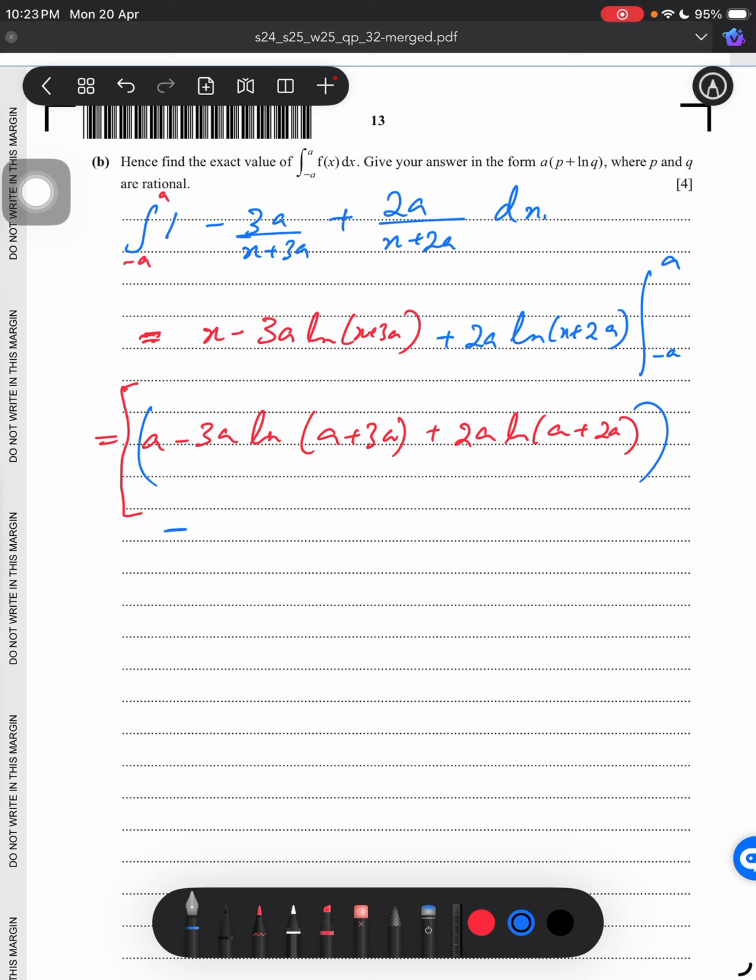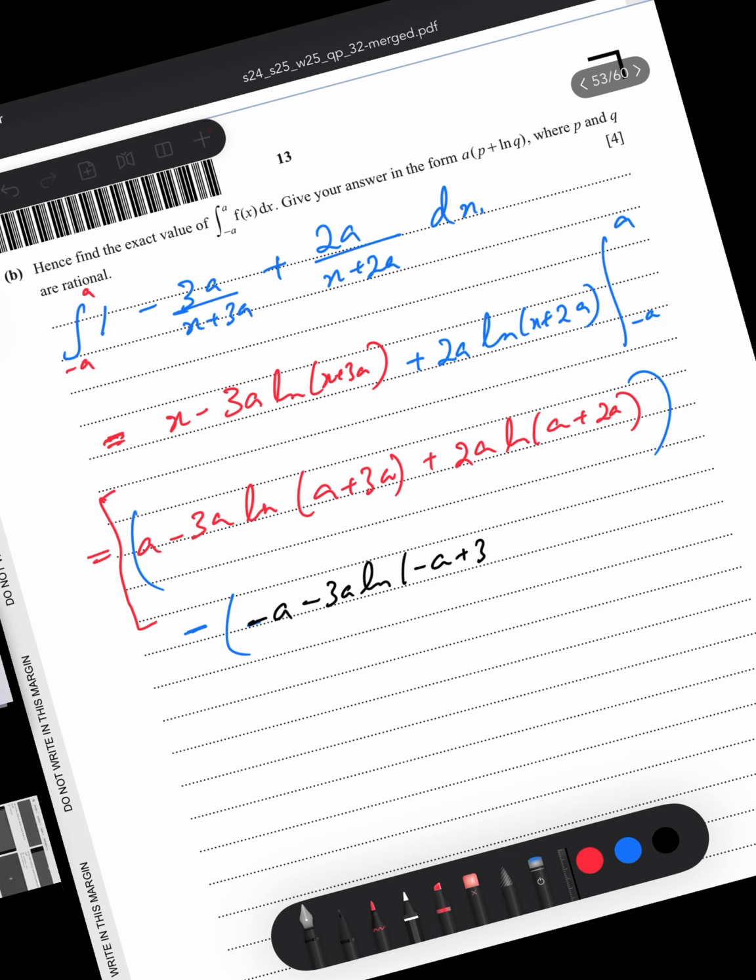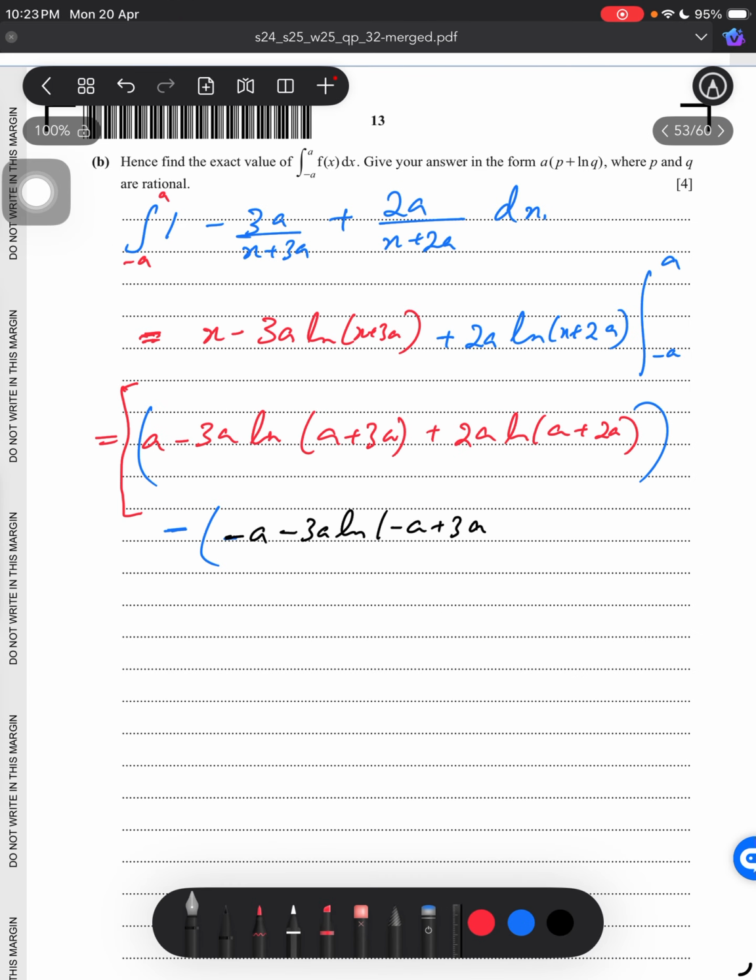Now with the negative, let me just write it in black, minus a: 3a ln, instead of x a negative, plus 3a. Answer is out. Okay. 3a, and you would have this 2a ln of negative a plus 2a, and this would be out.